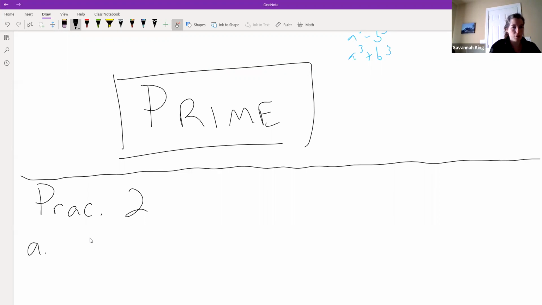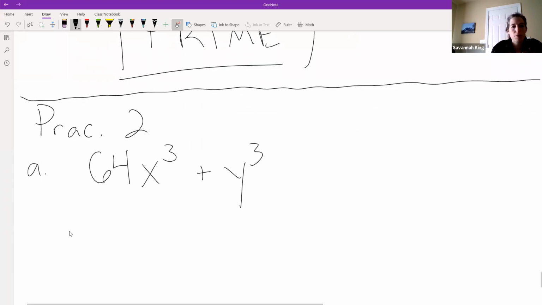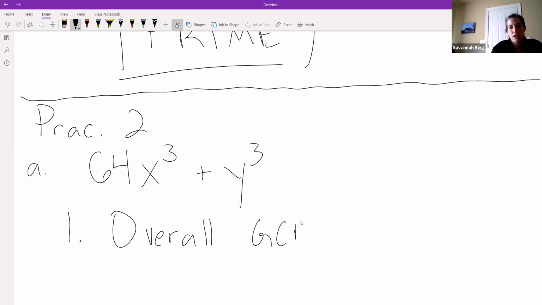So first problem here in practice 2. All right, yes, 2 terms coming our way. But before this, overall GCF. Nope, except 1.